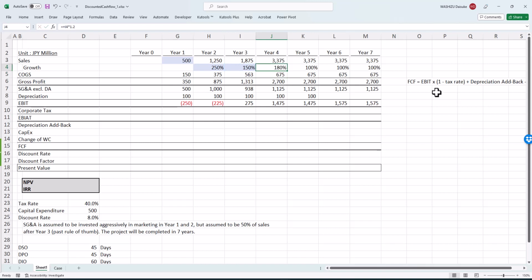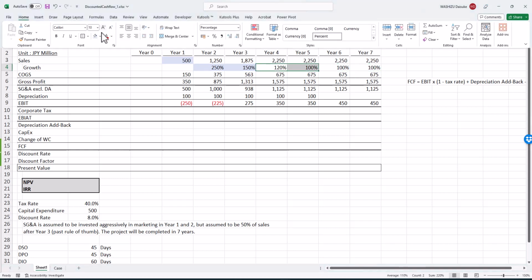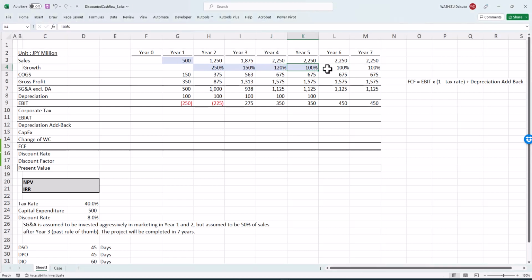Sorry, it's 120%, and it's 100%. Basically, they are also input cells. Okay, so they are the input cells. Year 6, year 7, same as in year 5.